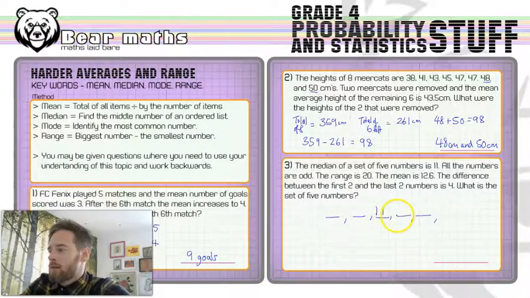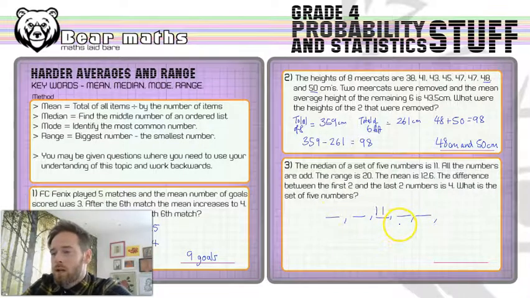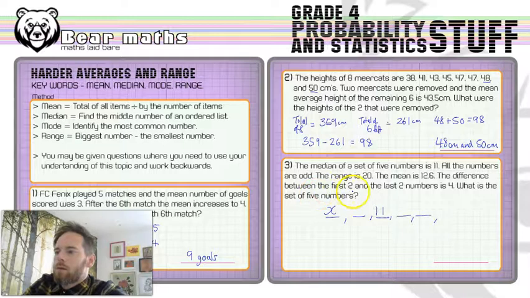And then we've got to work out the set of 5 numbers. So it's a lot of information, looks tricky, actually is pretty tricky, right? And again, it comes down to being able to use algebra and forming and solving some equations. So I'm going to use a letter to represent the first number here, because we don't know what it is. But we've got a bit of information that will help us write down what the second number is as an expression, rather than what the actual number is.